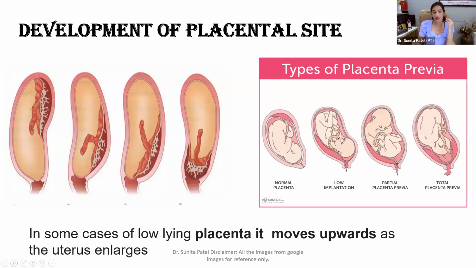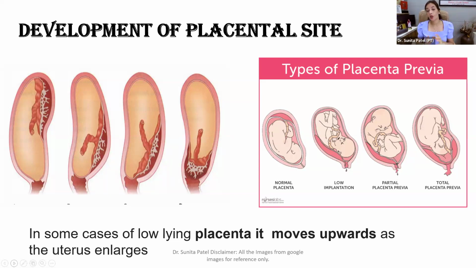And this is what we can see through ultrasonography images. Yes, the placenta is going to keep shifting upward as the uterus keeps expanding. Throughout the pregnancy, the uterus is going to expand upward, and as per that, the placental site can go upward.